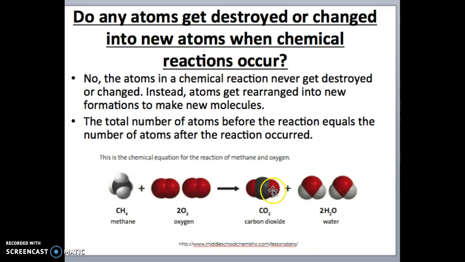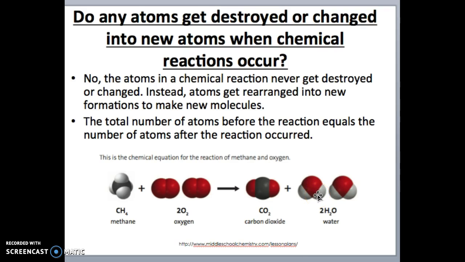And so in this picture, you can see here, we have a methane molecule, which is a carbon atom attached to 4 hydrogen atoms, which are the white balls here, and 2 oxygen molecules, which are actually 4 red balls that are attached into pairs. And these molecules are reacting with each other to form a carbon dioxide molecule and 2 water molecules.